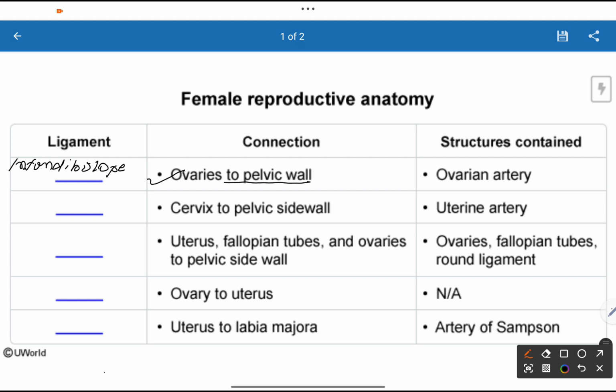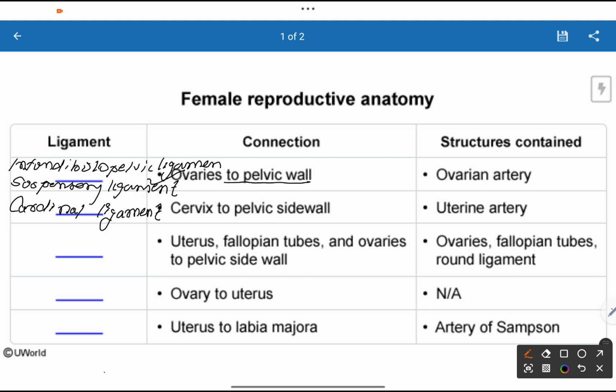And which ligament helps the cervix attach to the pelvic side wall or lateral wall? That ligament is the cardinal ligament.